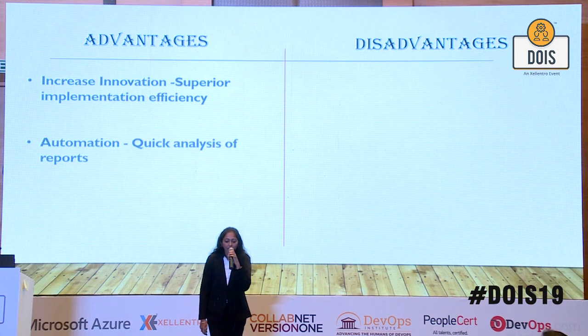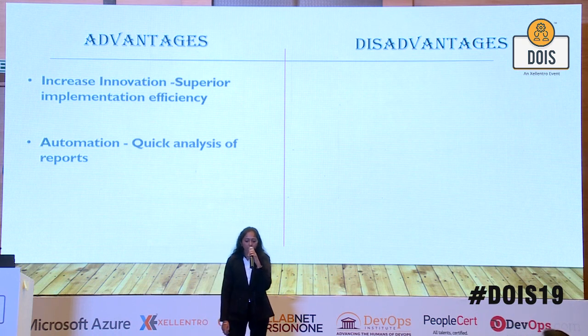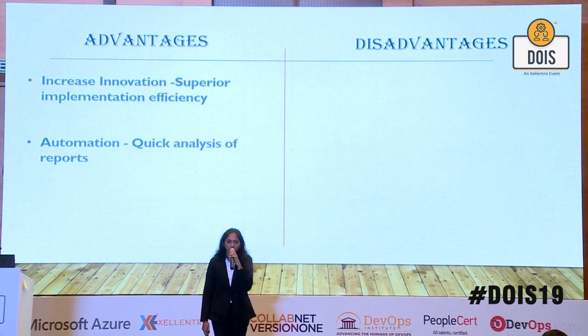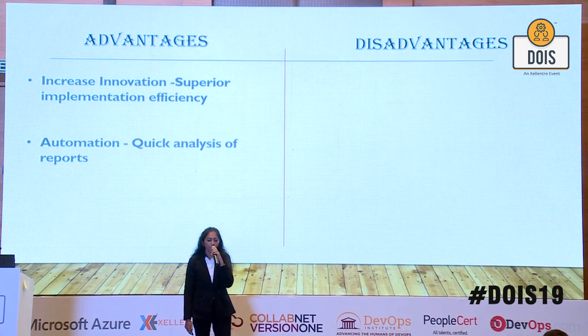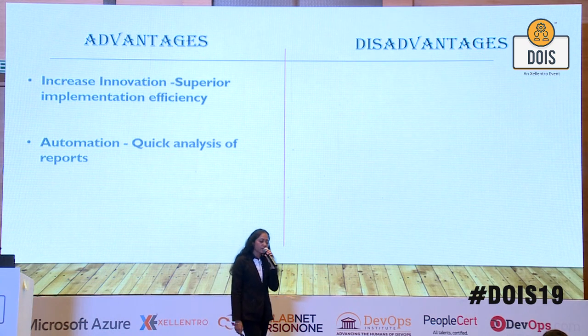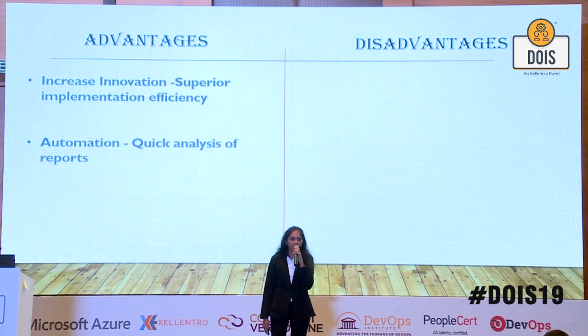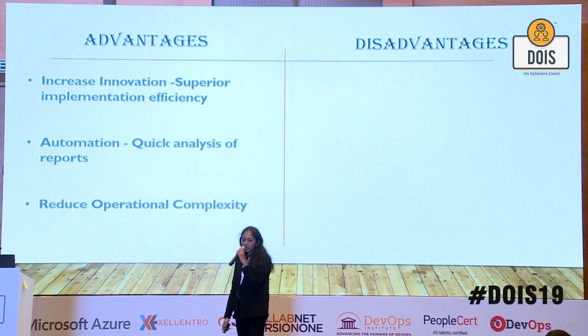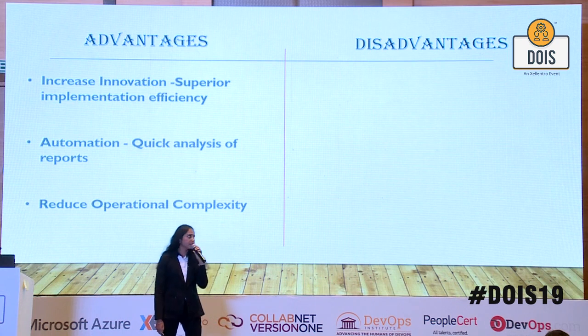Okay. And automation, quick analysis of reports. We can automate all the test results and generate reports from them, and human repeatable tasks can be automated. And then reduced operational complexity.